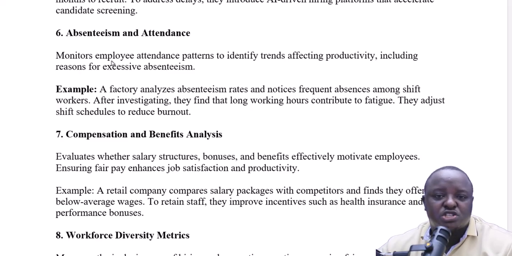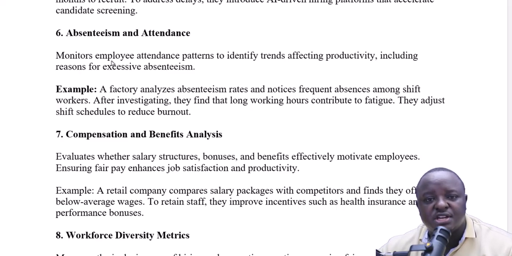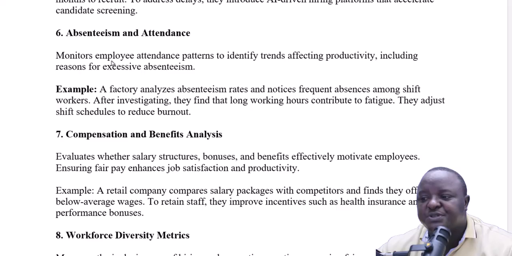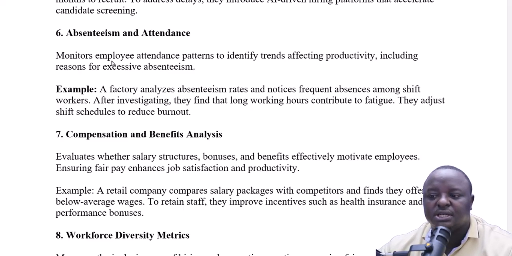We are organizing training, and the employees are not attending those trainings and workshops. Then we need to find out the reasons. For example, a factory can analyze absenteeism rates and notice frequent absence among shift workers. After investigating, they find that long hours contribute to fatigue and they adjust the shift scheduling to reduce the burnouts within the organization.